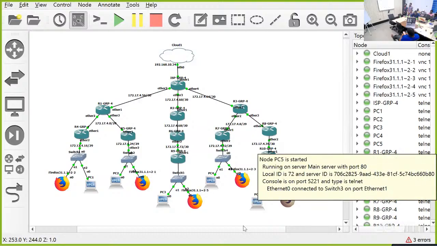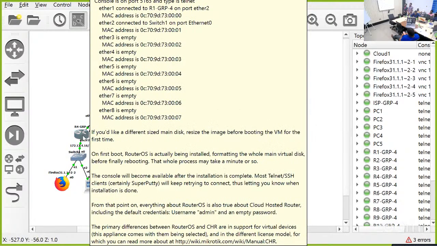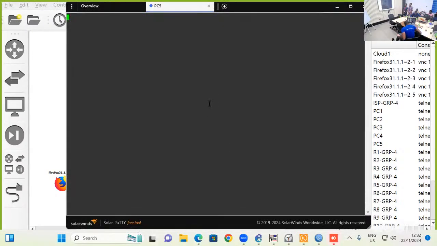From this computer here, PC5, I'm going to ping the IP address of this router here, router 4, to check if your network is working. As if I can go from here to this switch, to this router, to this router, and down to R4, right? So what's the IP address of R4? 172.17.4.17. All right, I'll ping it from here.